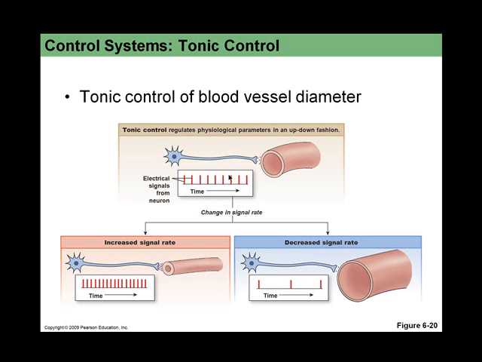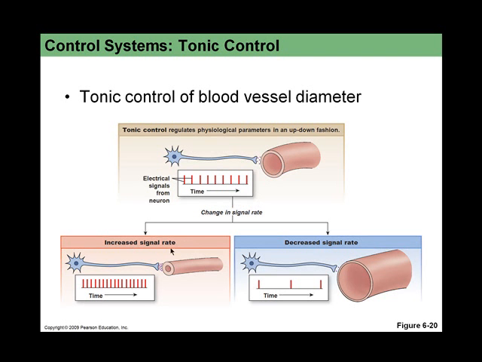This is called frequency modulation that we're thinking about here. At rest, there is a certain firing rate or frequency of action potentials for the neurons innervating the different sets of blood vessels throughout our body. At that basal firing rate, there's a certain tone, a level of contraction of smooth muscle in the wall.